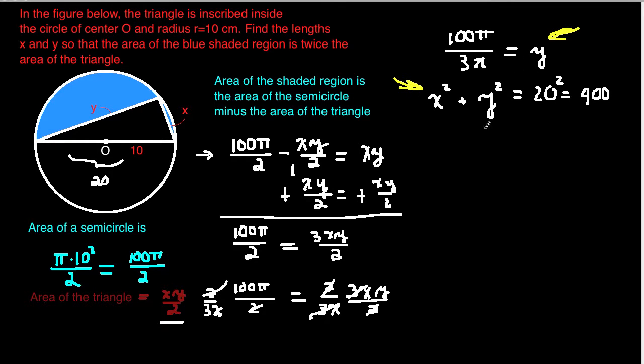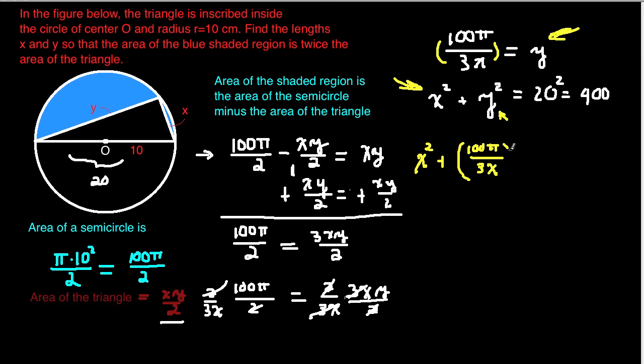So we solve these 2 equations for x and y. How do we do it? Well, for the value of y that appears here, I'm going to substitute in this expression. Let me rewrite the equation. I have x squared plus y squared, but instead of y squared, I write 100 pi divided by 3x.